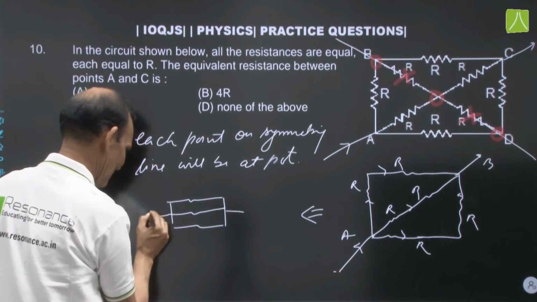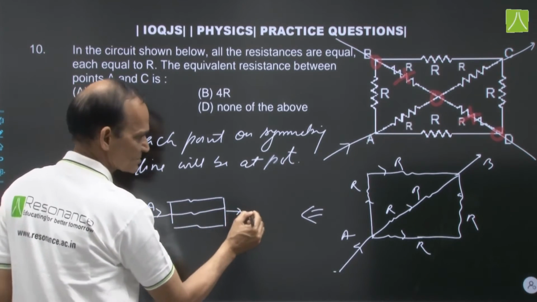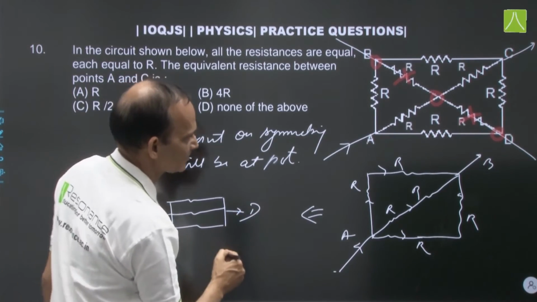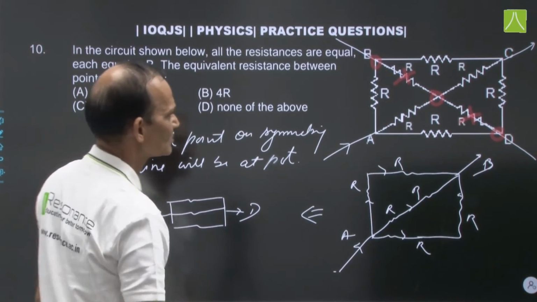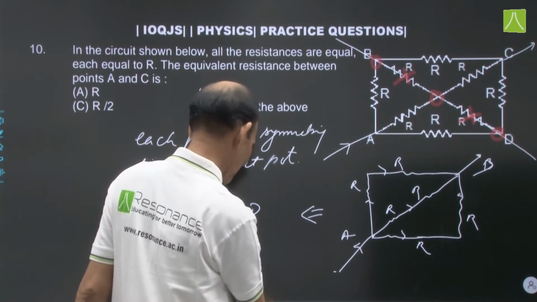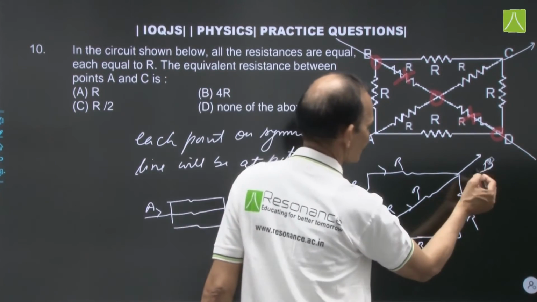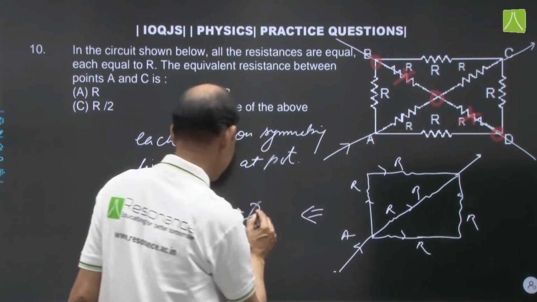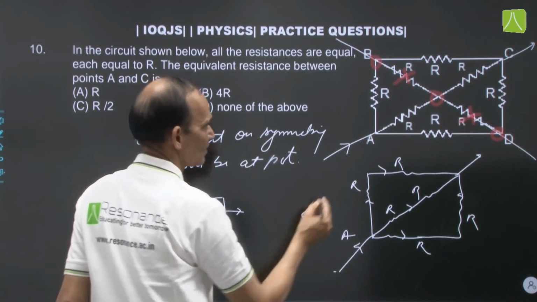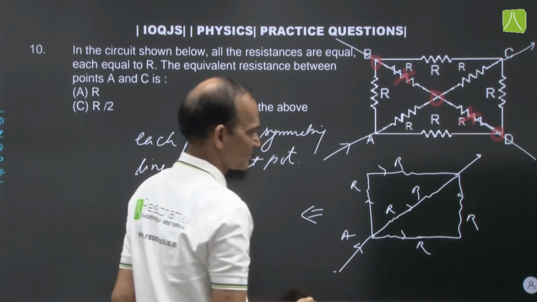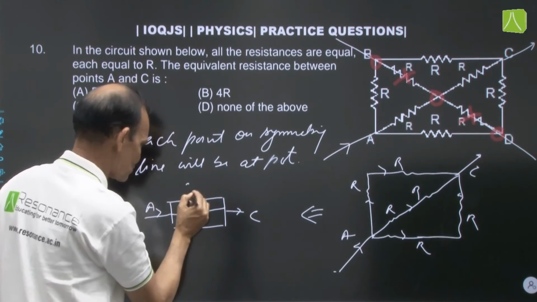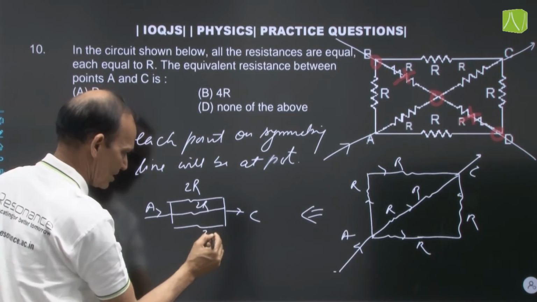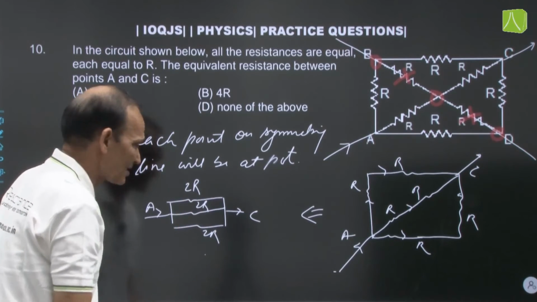This point is A. Okay, C, not D. It is C point. We have to calculate the resistance between A and C. This C point is also C point. It is 2R, it is 2R, it is 2R. So all are connected in parallel.